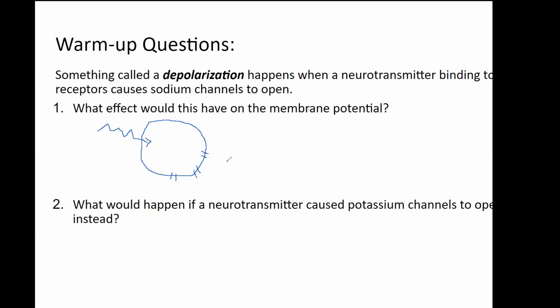The inside of the cell is negative, so we have that electrical force for sodium moving inside. We also have our chemical force for sodium moving inside, so we have a super strong force for sodium going into the cell. So we have sodium, which is positive, moving into the cell, which means our membrane potential will become more positive.